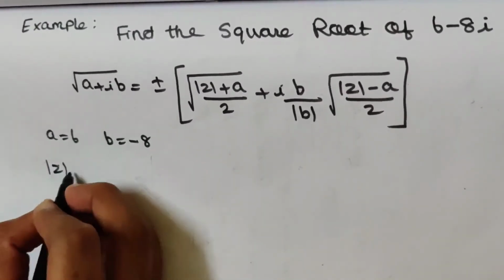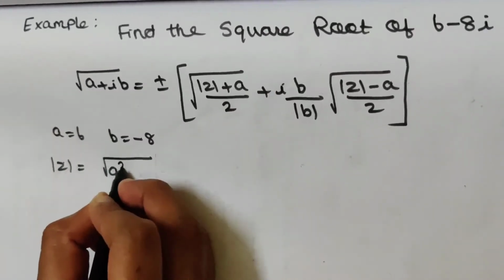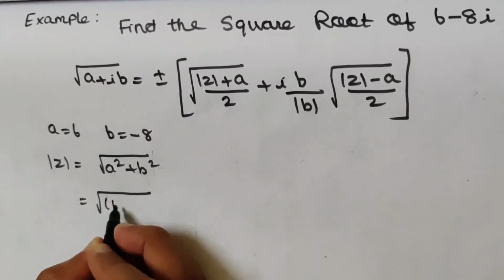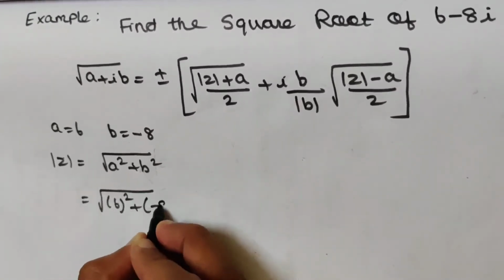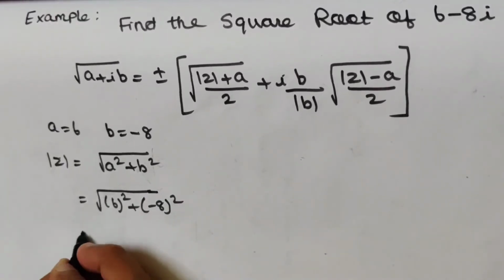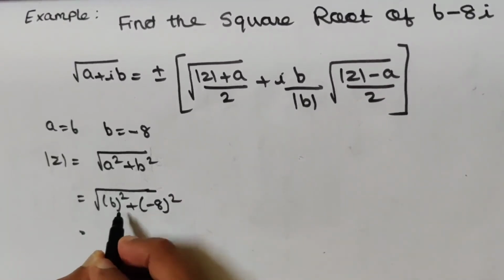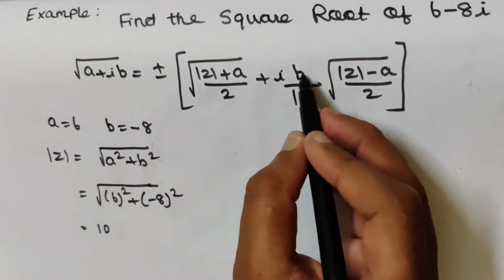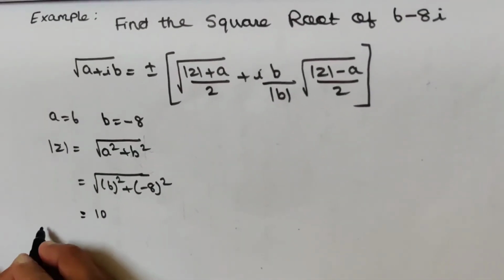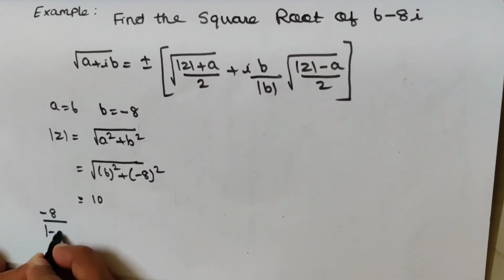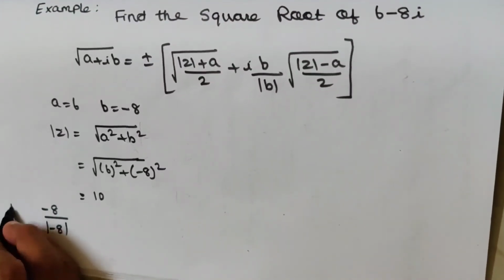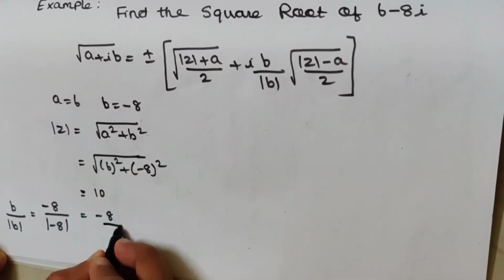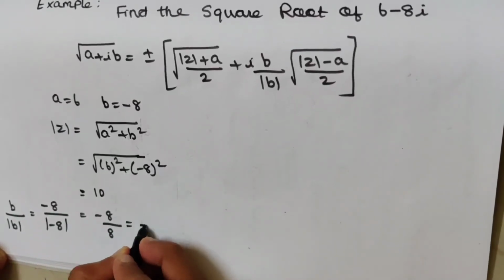So modulus of z is nothing but root of a square plus b square, that is root of 6 square plus minus 8 square, which is root of 36 plus 64, 100. Root of 100 is 10. Now find b by modulus of b. b is minus 8 divided by modulus of minus 8, that is minus 8 by 8, which is minus 1.